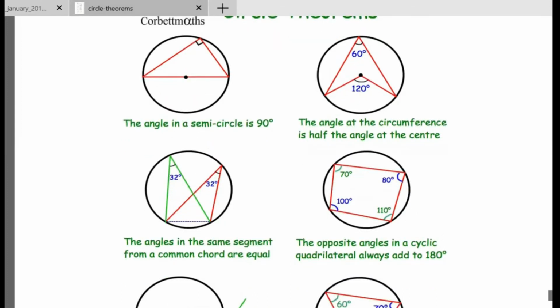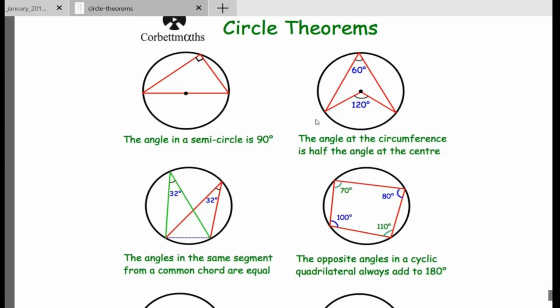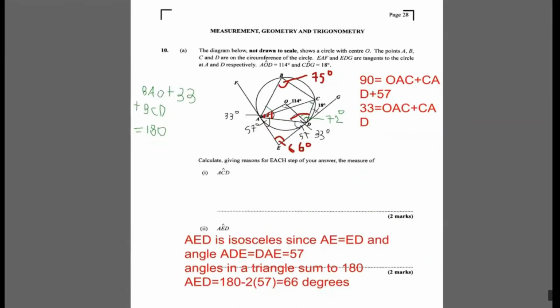Angle at the center is twice the size of the angle at the circumference when subtended by the same chord. This angle should be a half of this.